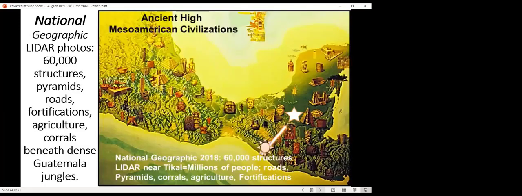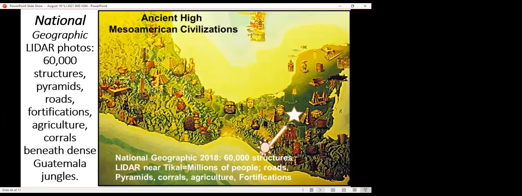relation. The National Geographic LiDAR photos, which have now shocked us with their massive 60,000 structures predicted, pyramids, roads, fortifications, agriculture, corrals beneath the dense Guatemalan jungles.